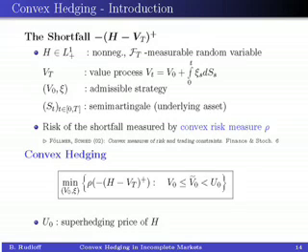And admissible just means it's self-financing and the value process is always non-negative. And the underlying process can be a d-dimensional semimartingale. So it's very general, can be any jump diffusion, Lévy process, or stochastic volatility model. So something that in general will lead to an incomplete market.